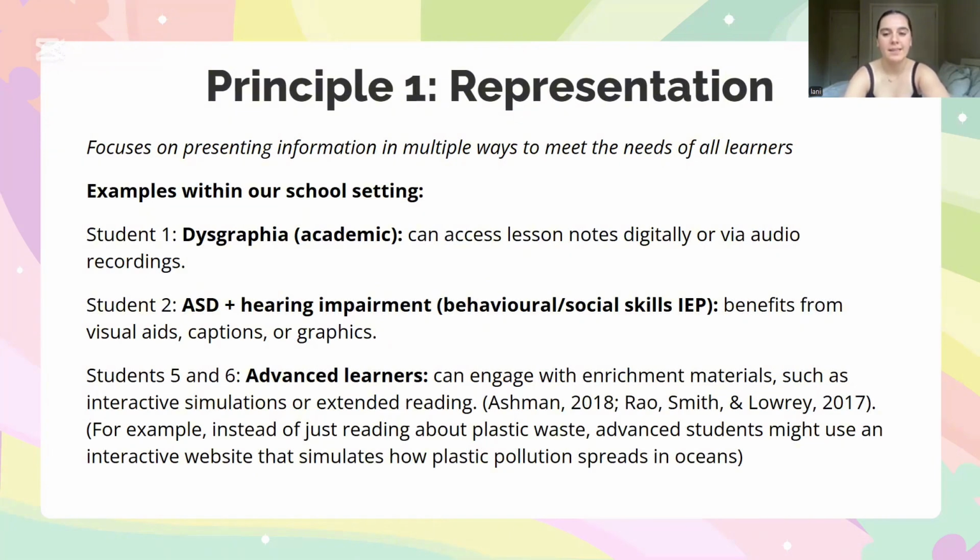So in this case, UDL supports their inclusion by offering multiple means of representation and communication and ensures that they can access content and build social connections. For our learner with dysgraphia, the student demonstrates strong verbal reasoning, but finds handwriting and written output challenging. So UDL allows for alternative ways to demonstrate learning, such as speech-to-text technology and visual organizers. And like I said, Josh will go more in depth with this later.